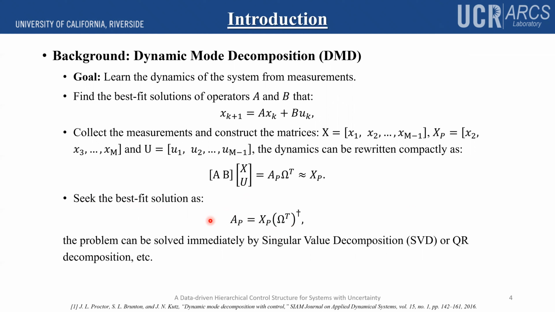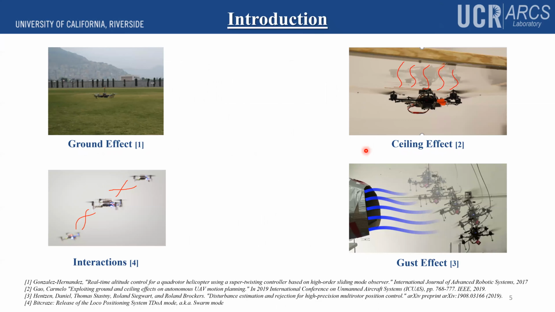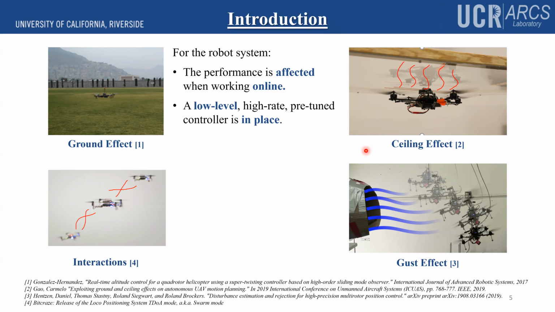Once we get this estimated model, we can use this linear dynamics to do prediction. So these methods utilize traditional control theory combined with data to equip the robot with the ability to adjust to the changing environment.